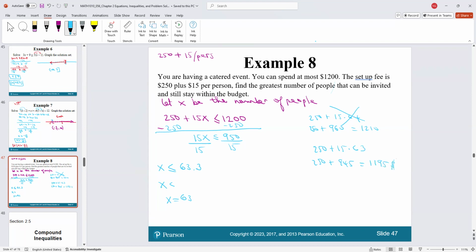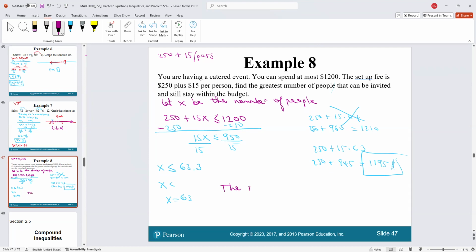So on your budget of $1,200, you're going to have only $5 left. If you want to add one more person, you need $10 more, right? So in this particular case, we would conclude.